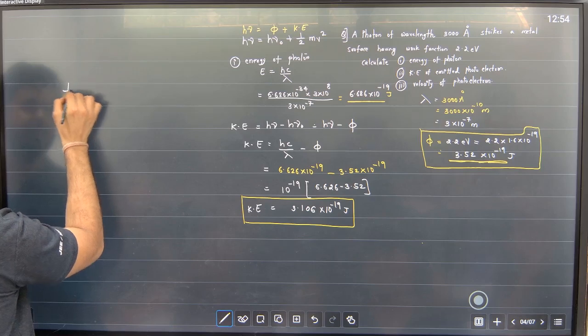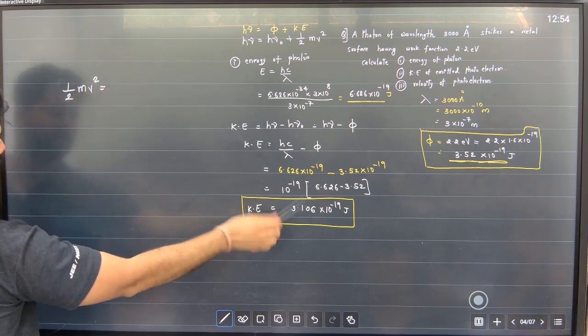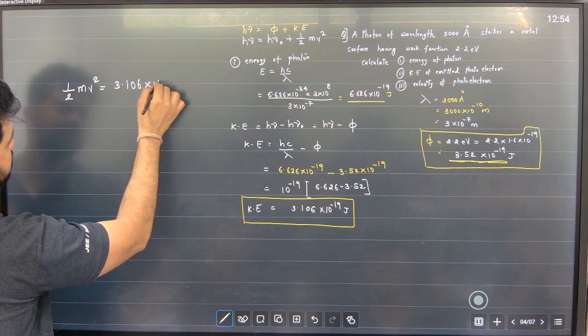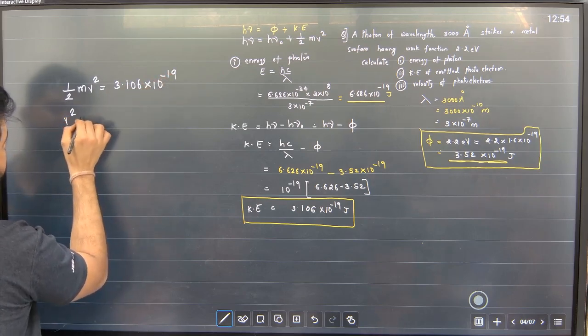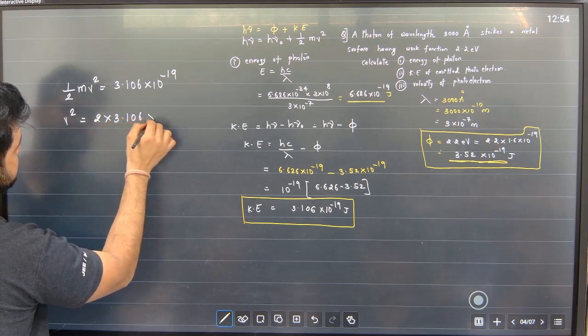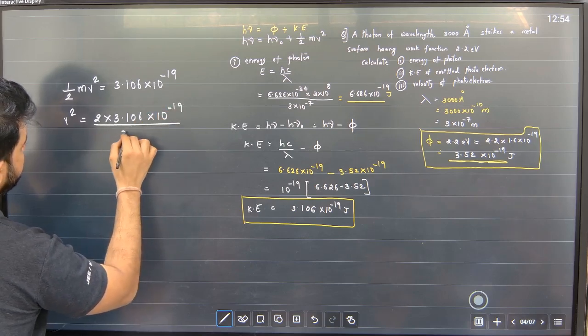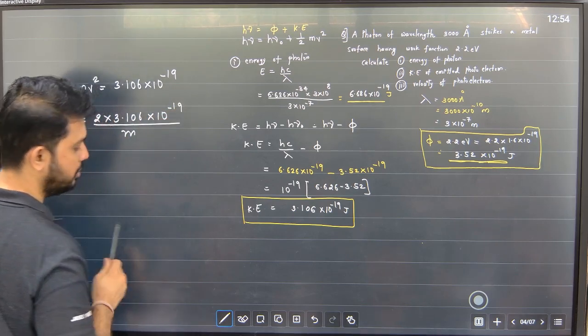So we can say that half mv squared is, how much do we get the kinetic energy? 3.106 into 10 raised to minus, or can I say v square is 2 into 3.106 into 10 raised to minus 19 upon m. m is mass of the electron. Can someone give me mass of electron?